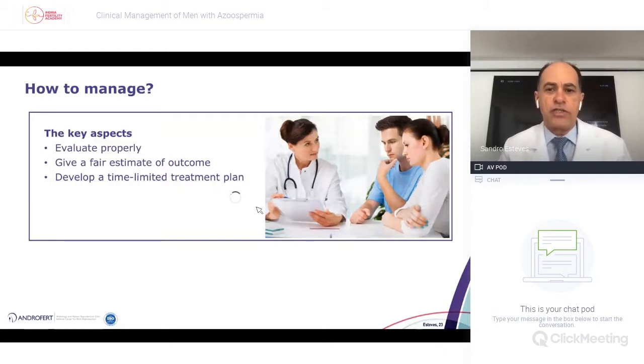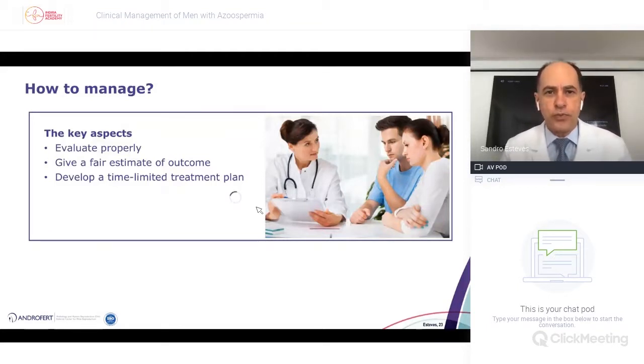Diagnostic markers such as FSH levels, testosterone levels, and testicular volume give only a picture of the global testicular function. So if I have a patient with high FSH levels, low testosterone levels, and small testicles, what it means is that this patient has global testicular deficiency.